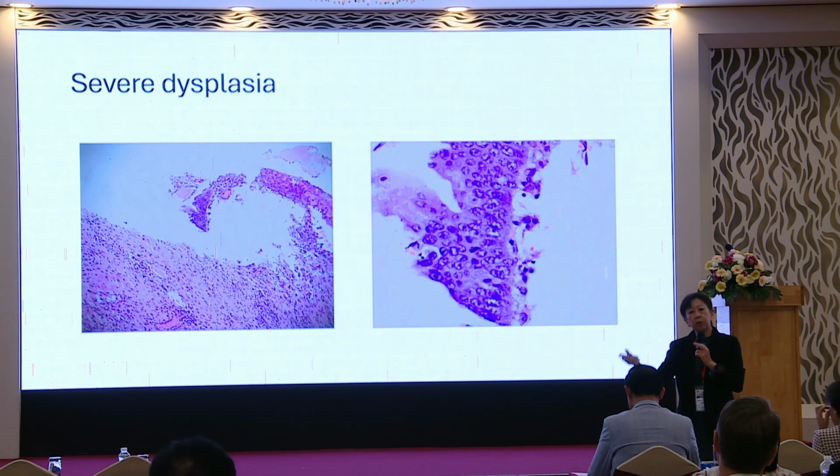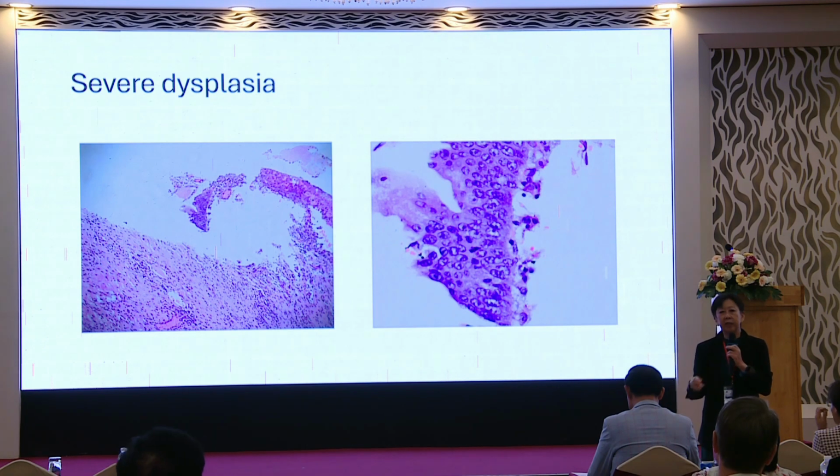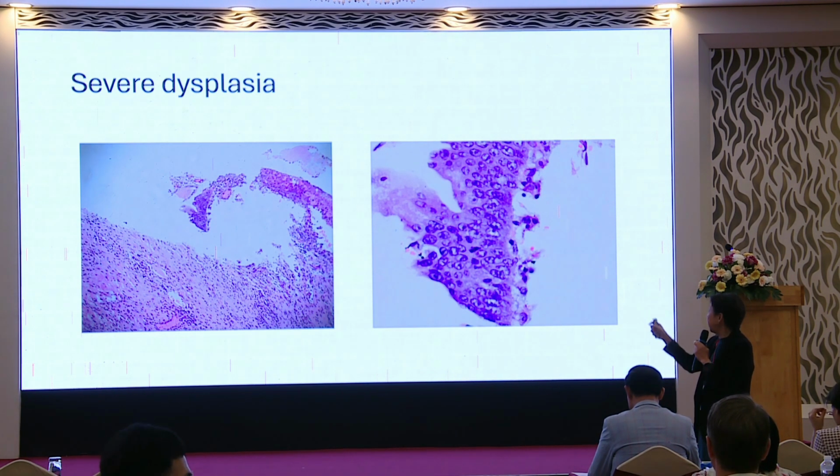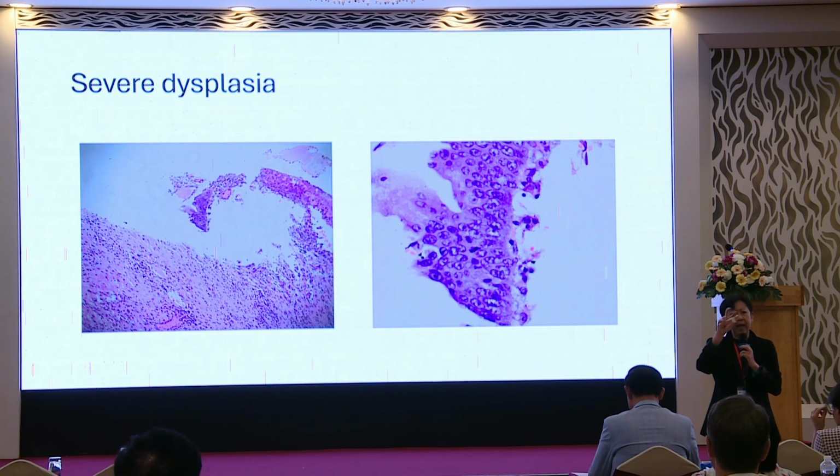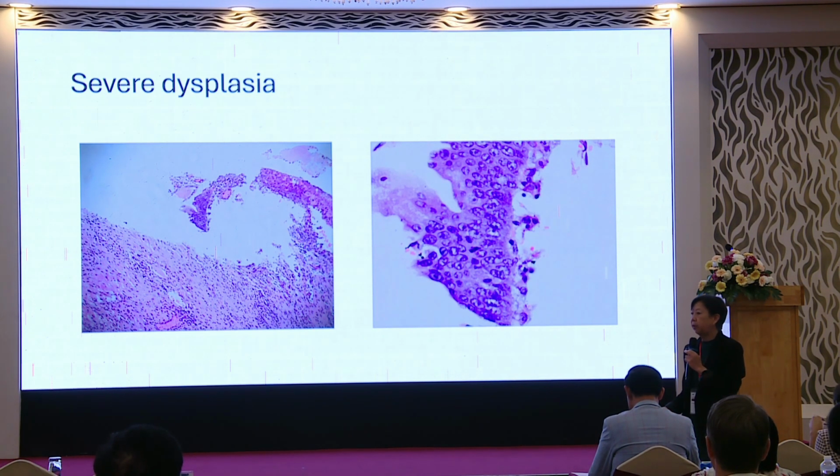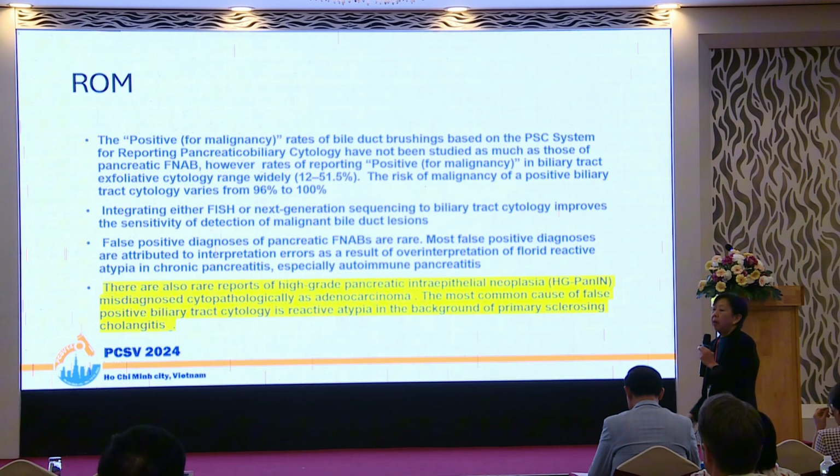So even though the cells were of different sizes, there was a nucleolus, it was a bit irregular, there was a loss of polarity, it was basically like this. It's not as atypical as the obviously malignant, so that was the lesson we had.